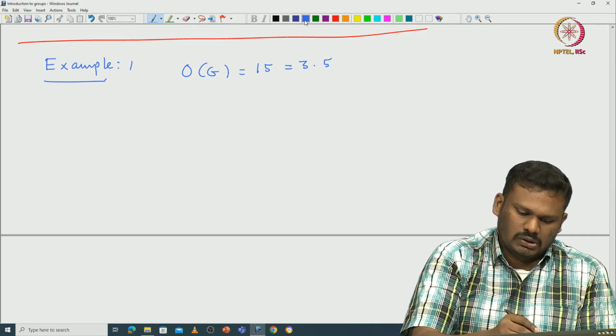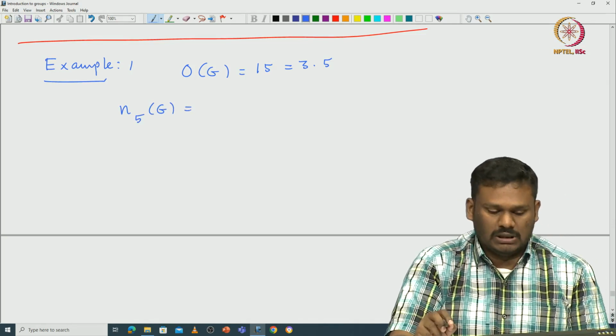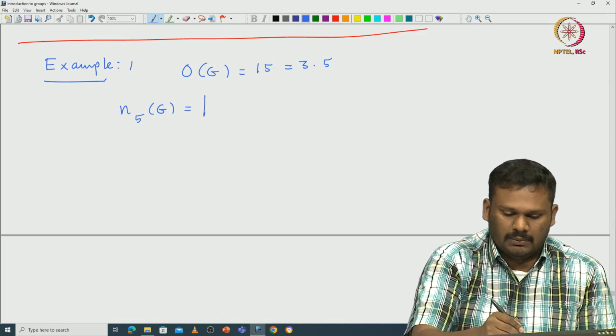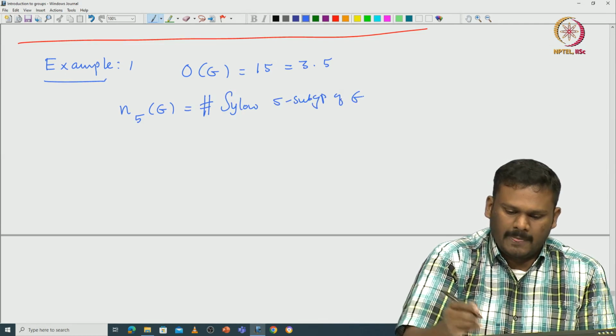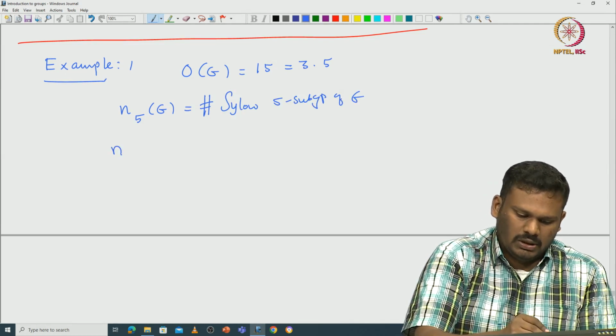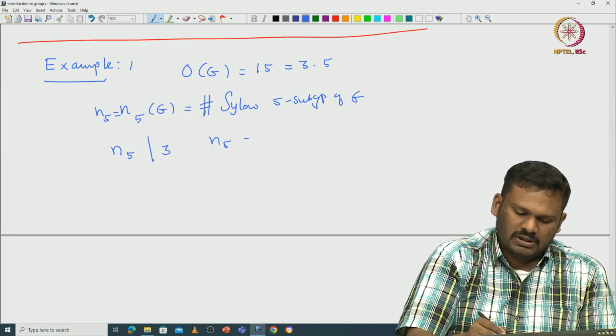So, now let us look at this n5 of G. This is the number of Sylow 5 subgroups of G. So, what are the conditions? Let us call it n5. n5 divides 3, so n5 must be either 1 or 3.